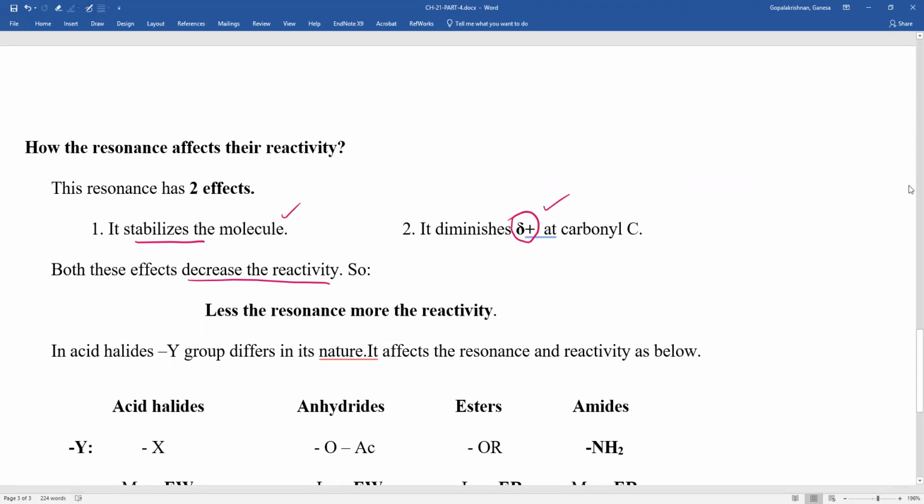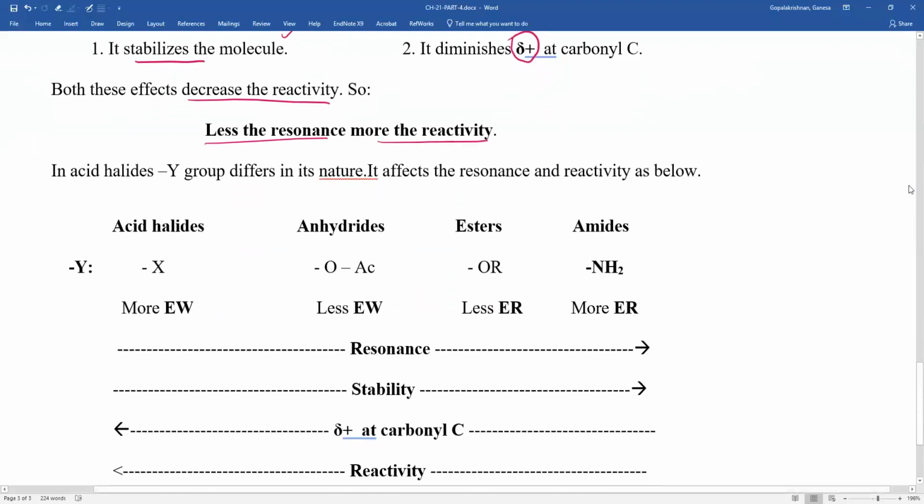But the amount of resonance differs: some resonate faster, some slower. So the less the resonance, the more the reactivity. Why? Look at those four: acid halides, anhydrides, esters, and amides.